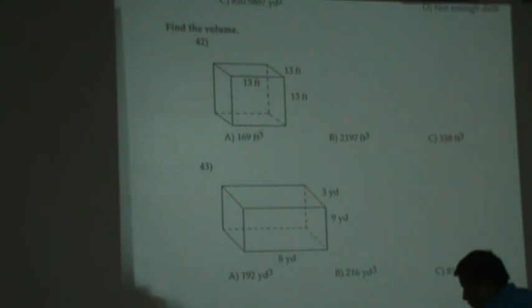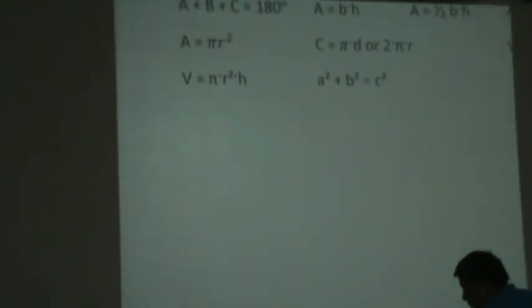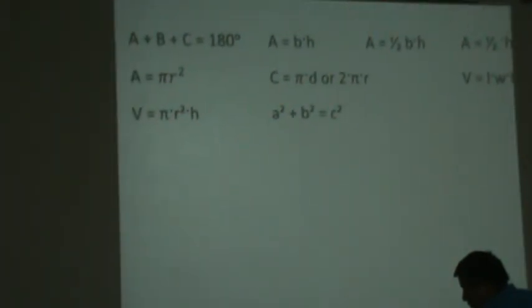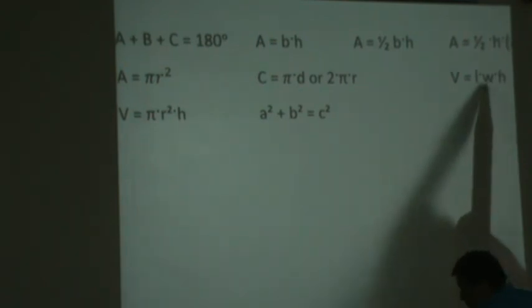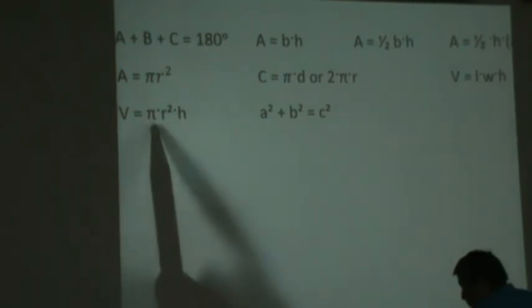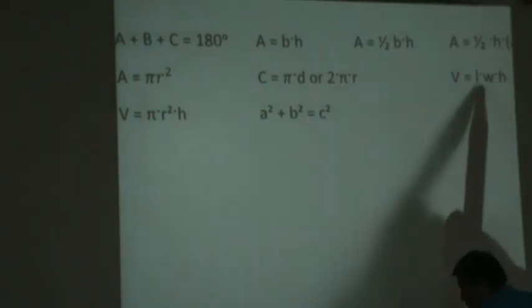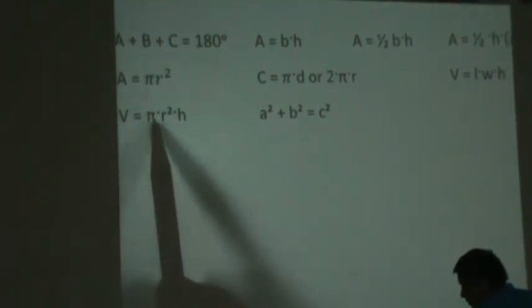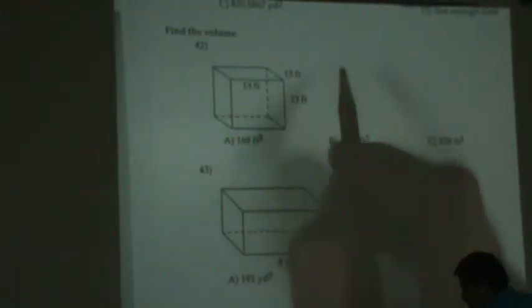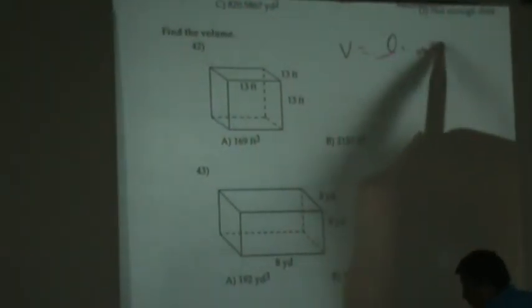Now we're out of area, volume. There's only 2 V's on here. Length times width times height and pi r squared h. Got to be length times width times height, right? This is a cylinder, it has a circle. Length times width times height.